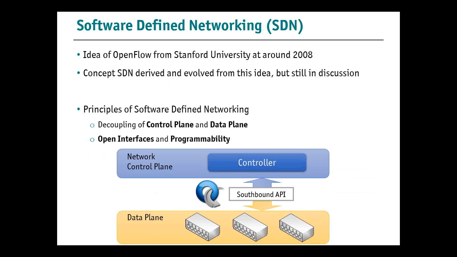So for example, what you can do here is add some specific modules to the controller, or directly use the northbound API to add your own products, like in our case, as I mentioned, StableNet. And this is what we did in our monitoring and measurement solution or configuration solution.